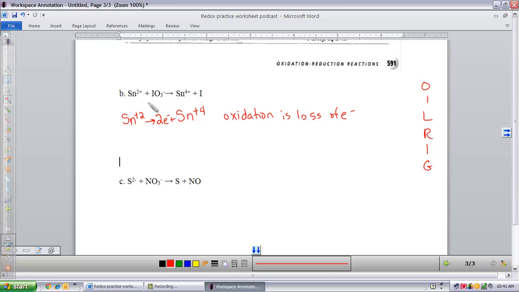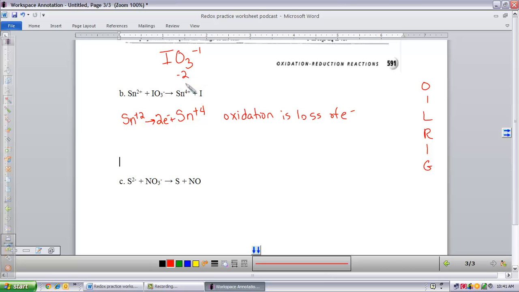Okay, let's look at iodine over here. This whole compound has a -1 charge. Why? Because it has a negative there. So that means when you start adding up all the oxidation numbers here, it has to equal this number. I'm going to start with oxygen because it's more predictable.